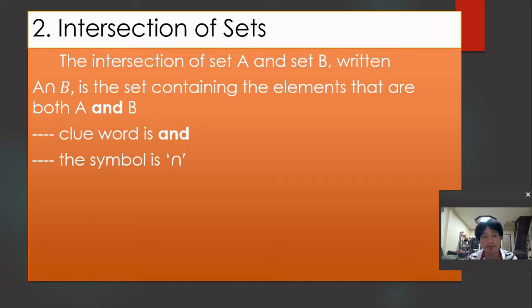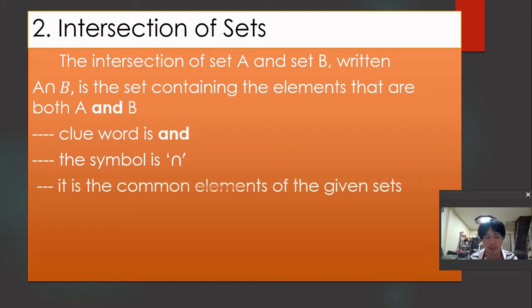Now, I will give you more examples for this. Don't you worry. So it is the common elements of the given sets. Common elements. Just like in reality, an ancestral house. What is an ancestral house?